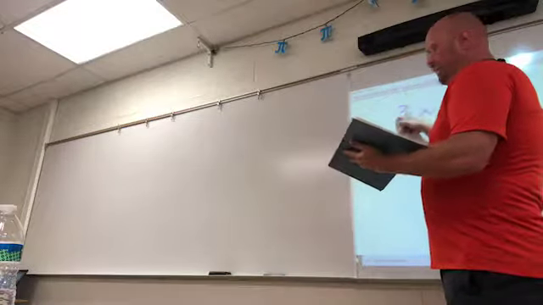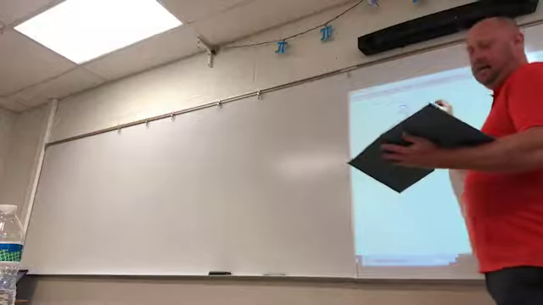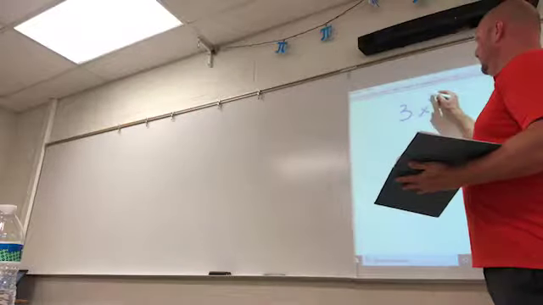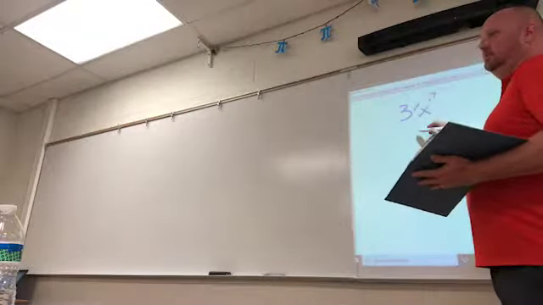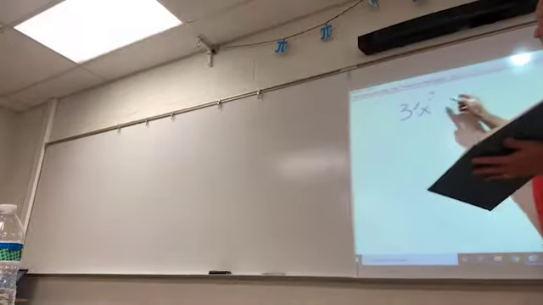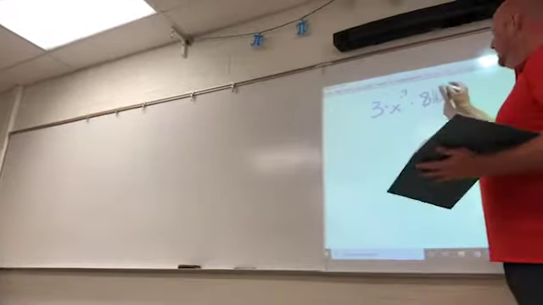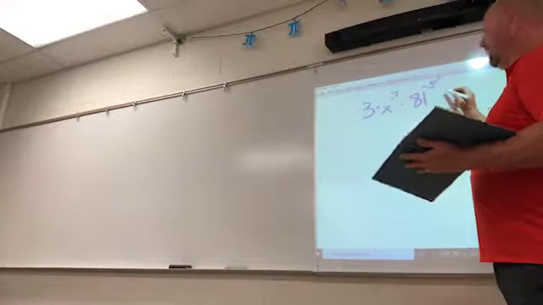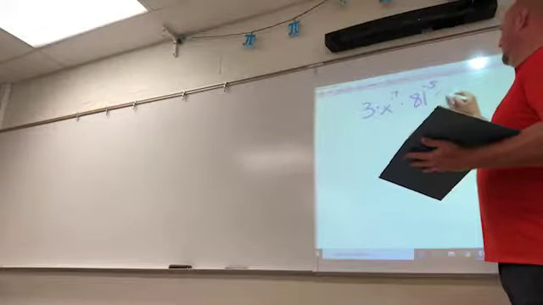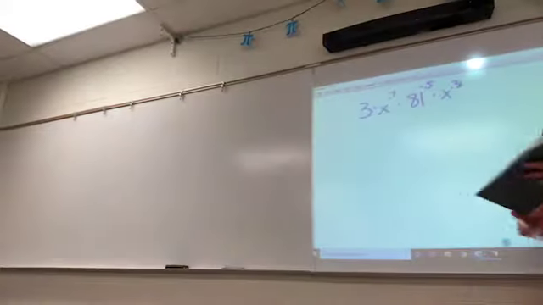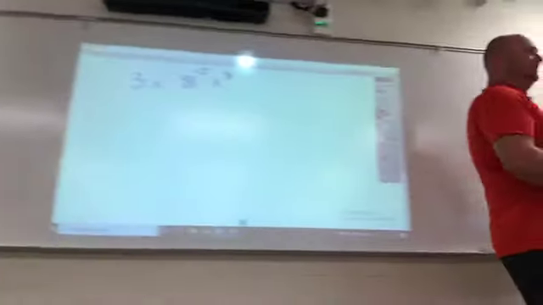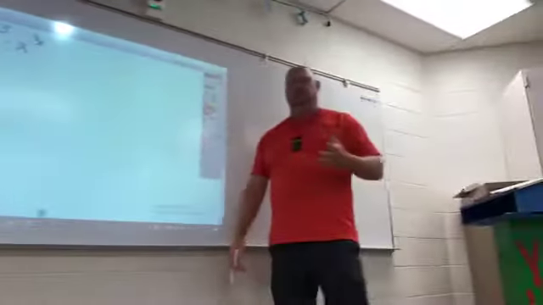Now, you've got 3, and doesn't that mean 3 times x to the 0.7th power? And then it's all times, so I really don't even need parentheses, times 81 to the negative 0.5 power times x to the 0.3. Looks a little yucky, doesn't it?